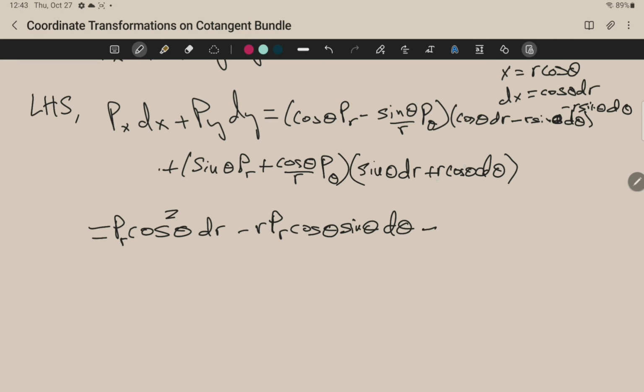The third term is sine theta cosine theta p theta over r dr. And the last term for the top is plus sine squared p theta d theta.